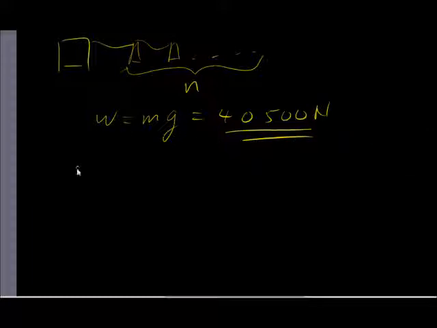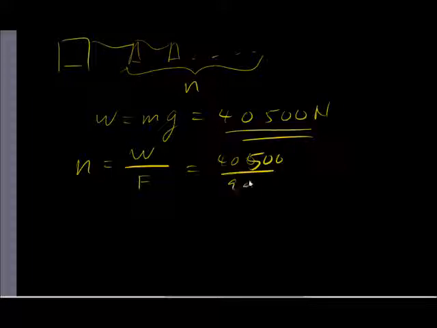Alright, and the number of towers is simply given by the weight of the cable divided by the F number, and it's given in the question that the F number is 9,000, so this is simply given by this expression.